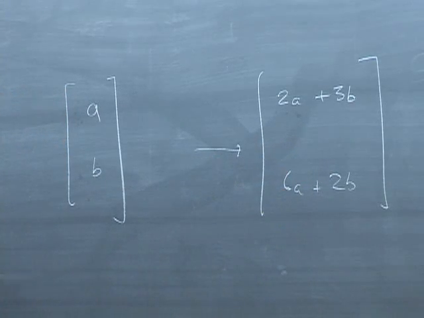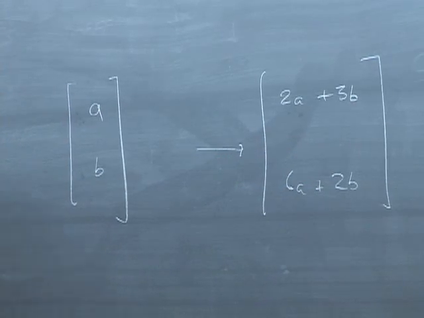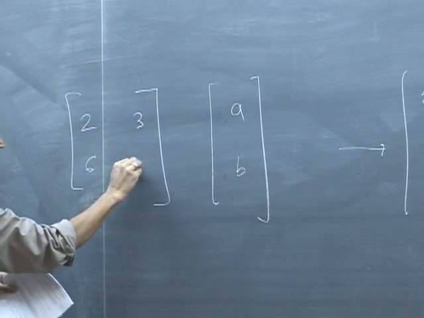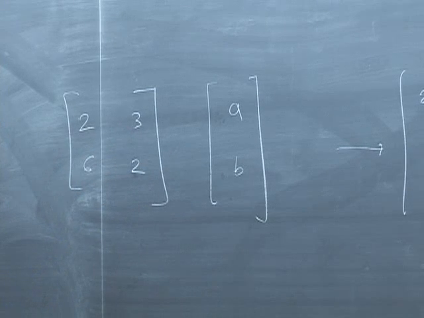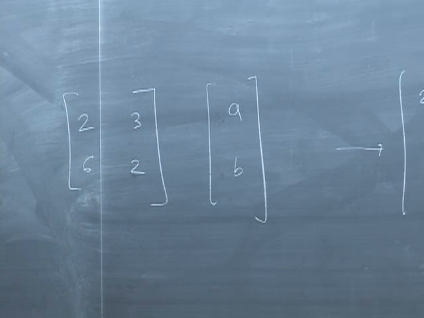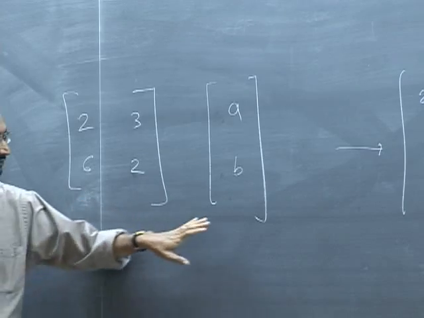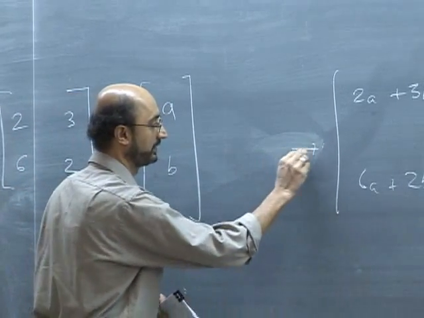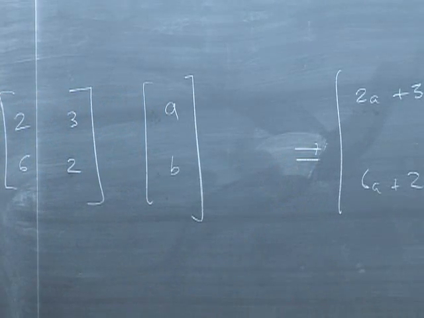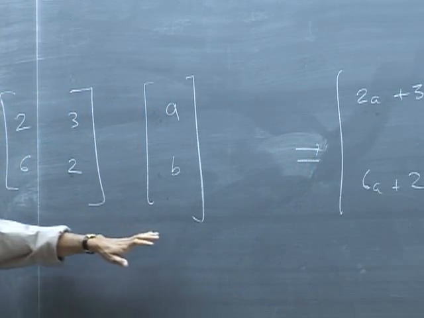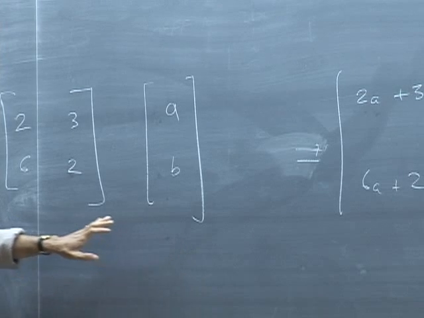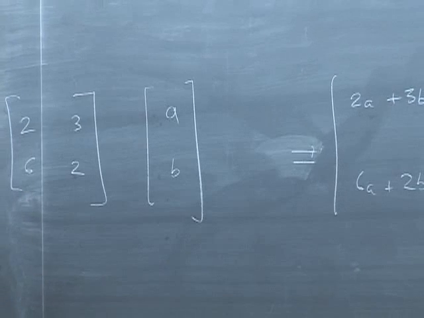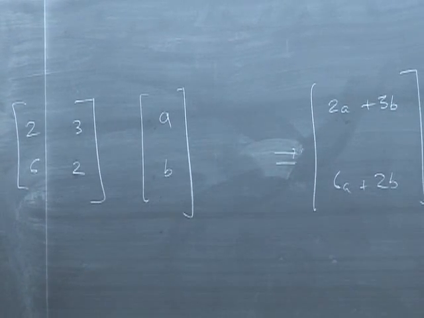It turns out that this is just a matrix. This matrix over here, 2, 3, 6, 2, is the trick, if you will, or the recipe that tells us how to go from here to here. So you can just put this as equal to a matrix applied to this vector over here. Any matrix, any square matrix anyway, can be viewed as a transformation.